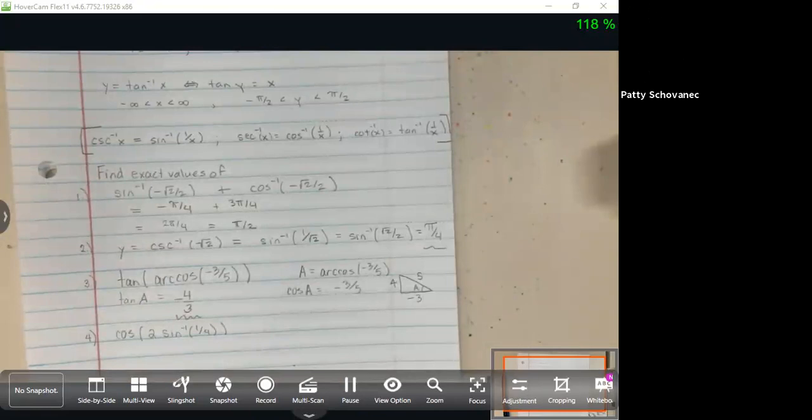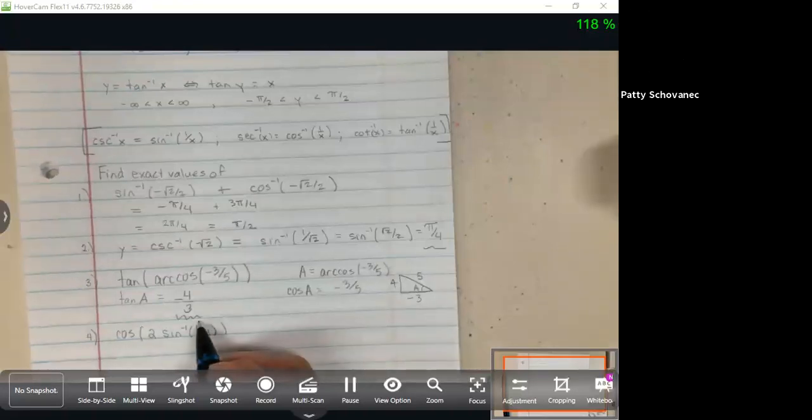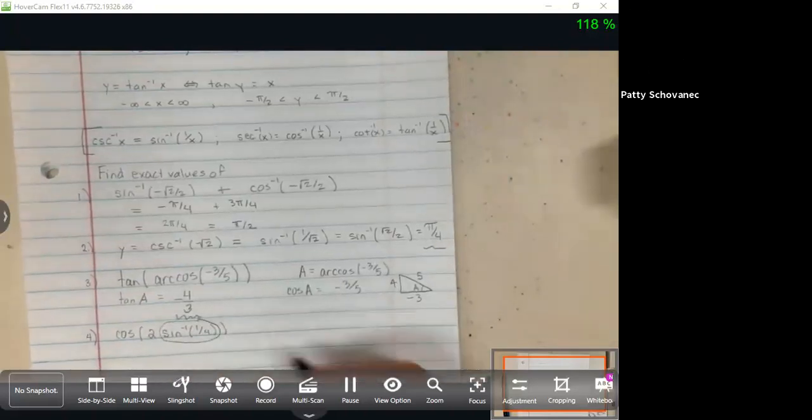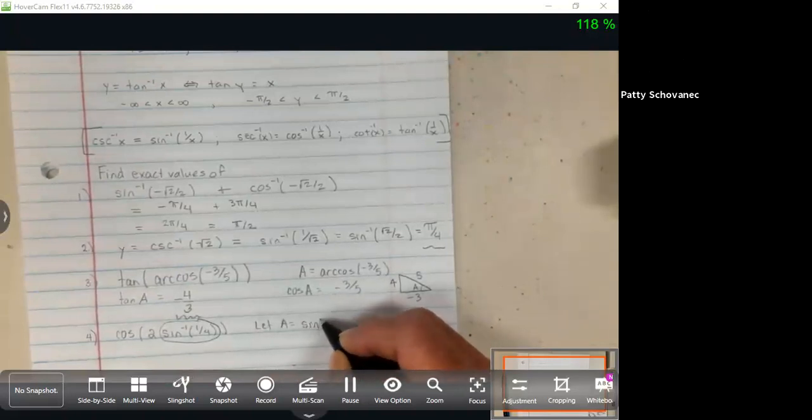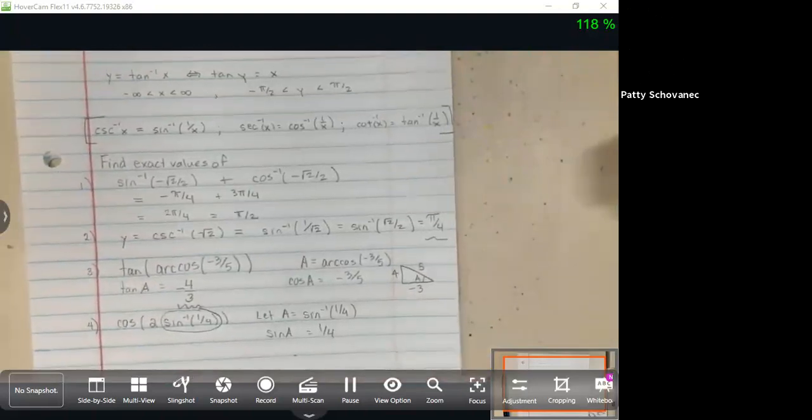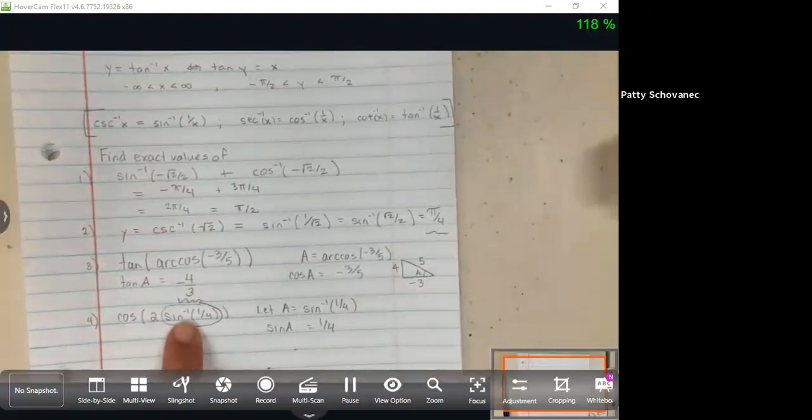So again, it's not an angle that I have memorized. But I can do the same kind of stuff. I can just pull this piece out and substitute it in for whatever I want to use as my angle. So I'll use A. And I know that A is an angle that I take the sine of to get 1/4. And so when I put an A right here, my objective in this problem is to find the cosine of 2 times A.